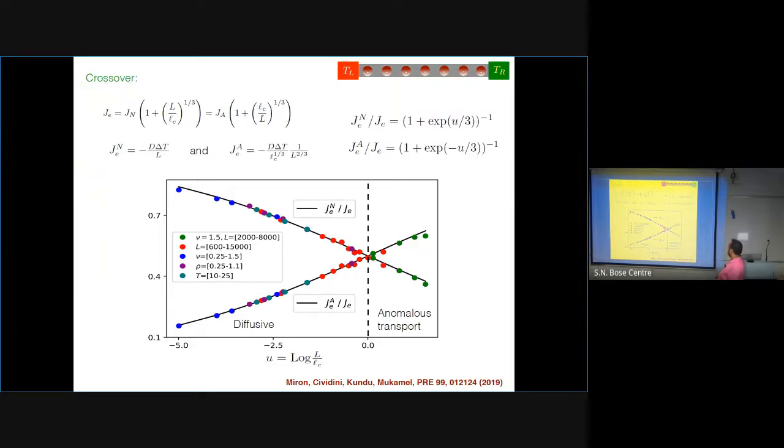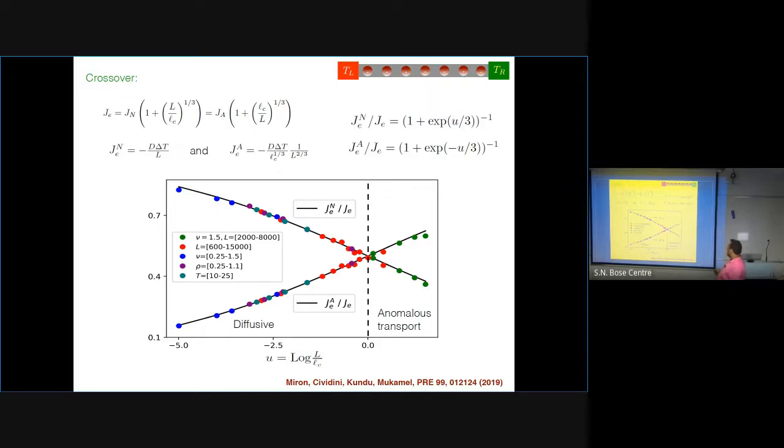U is the log of L by LC, and you see that the data for different parameters fall on the same curve. This side is anomalous and it's very difficult to get the whole curve for one set of parameters, so we do it for different parameters, and different ones give you different LC. You see that even for very small LC, you can follow the diffusive curve.